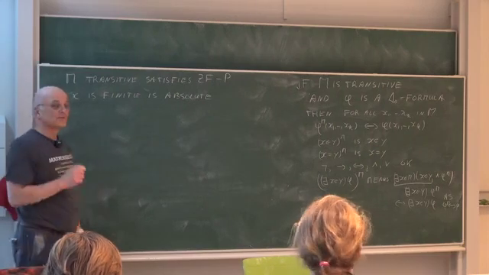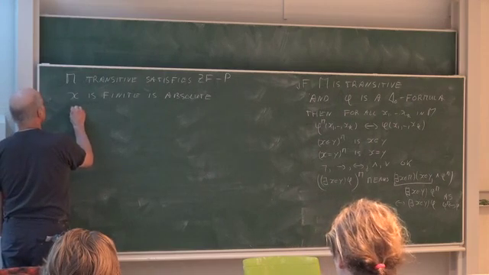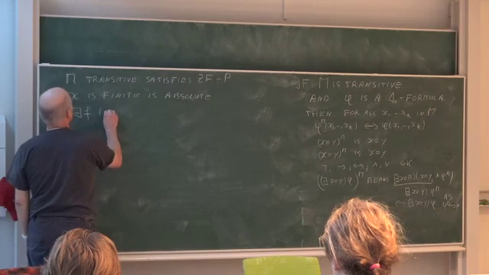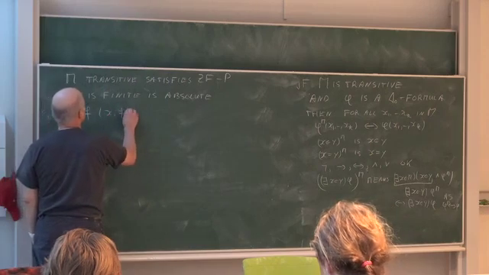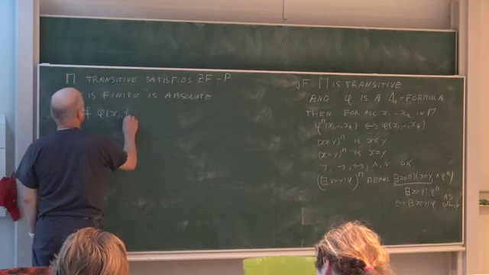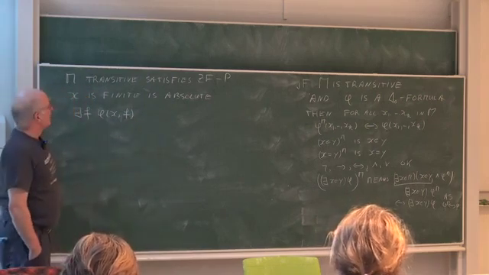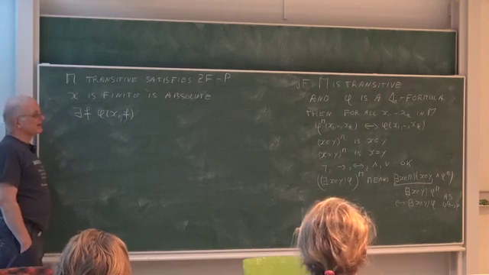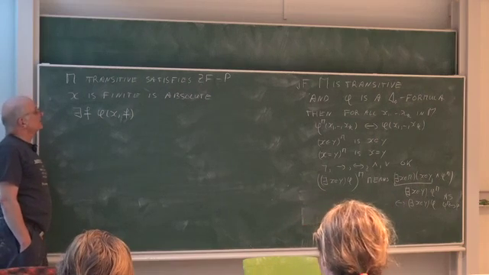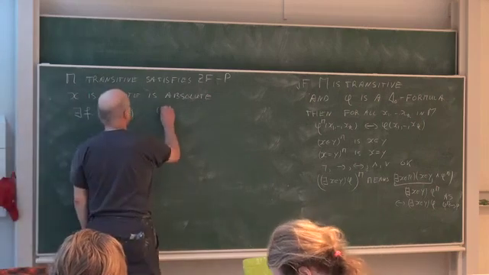Okay, what does X is finite mean? You could add in a natural number, but you don't really need it. X is finite can be written in this fashion, and what is phi?